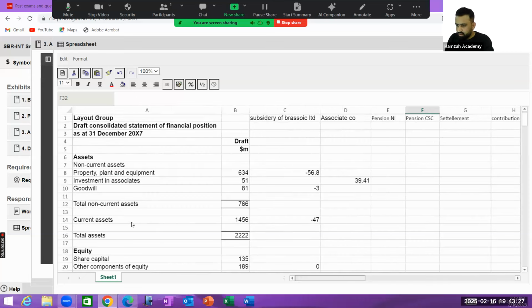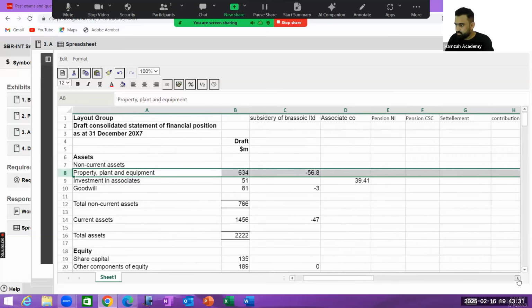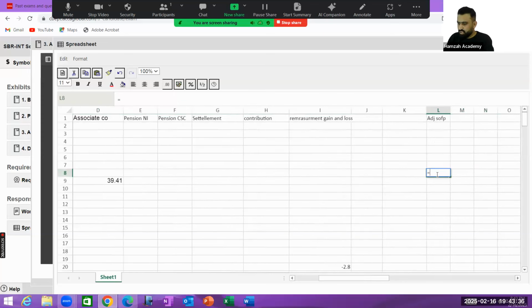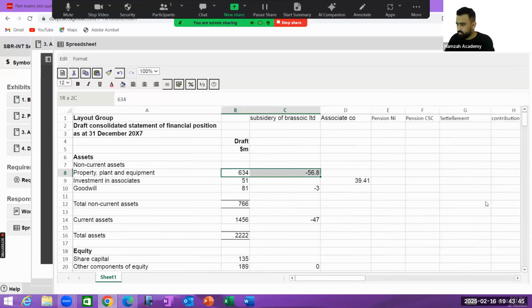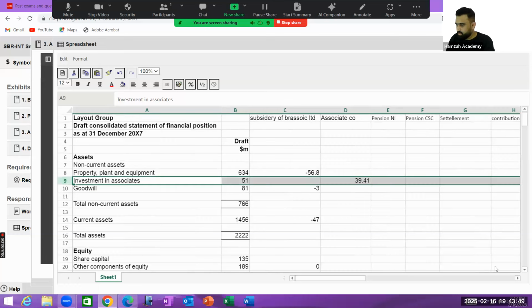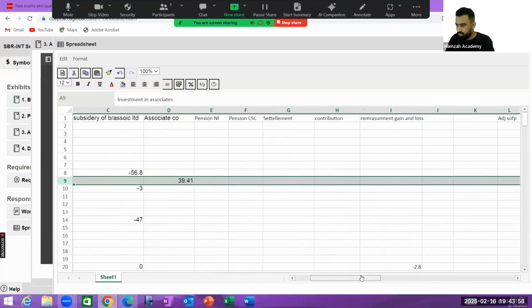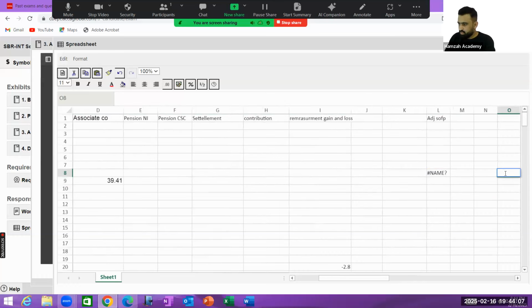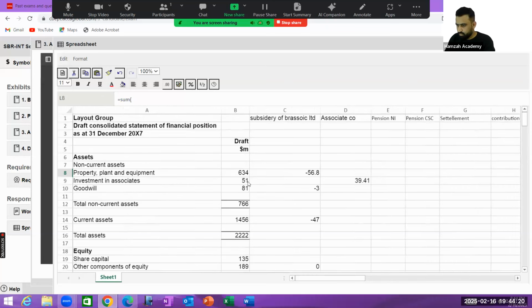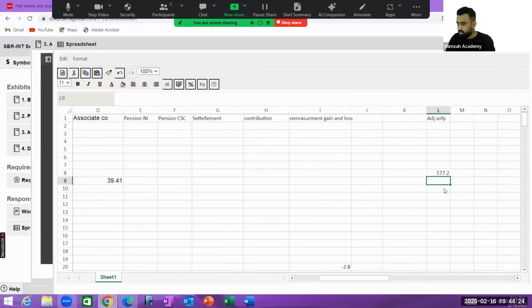And first of all, in number 8, equal sum, then number 9, okay, equal, okay, then that is the adjusted value 577.2.